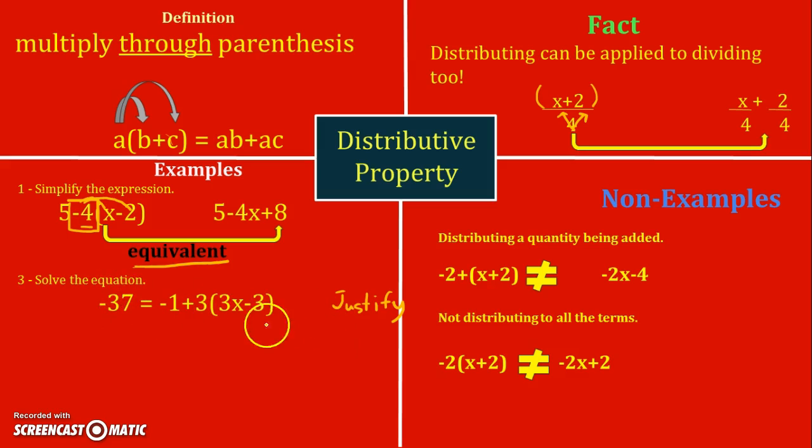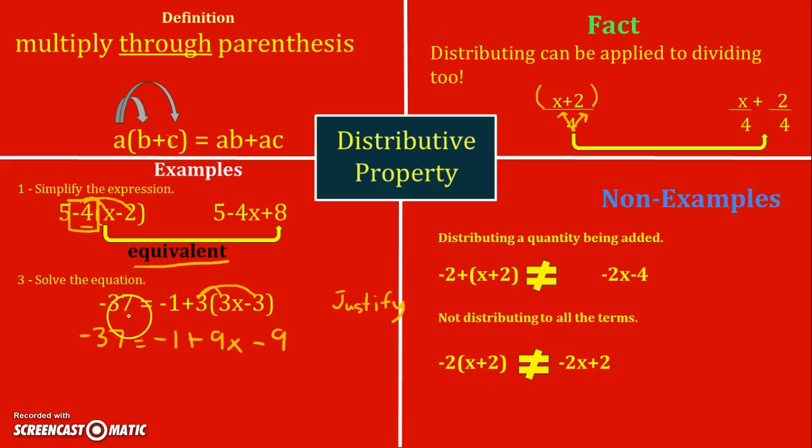So you can see here we need to solve for x. The first thing we're going to look to do is to simplify. So we're going to simplify by distributing, and we can distribute this positive 3 through the parentheses to everything inside, and the resulting equation is negative 37 equals negative 1 plus 3 times 3 is 9x. 3 times negative 3 is a negative 9.